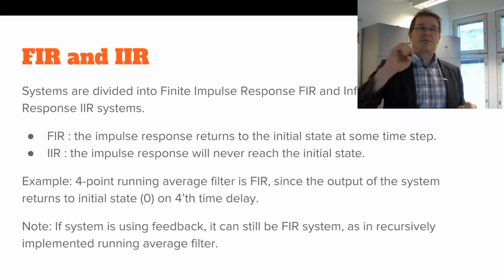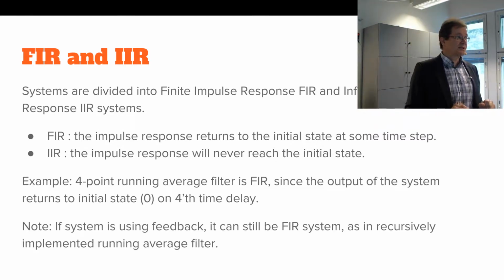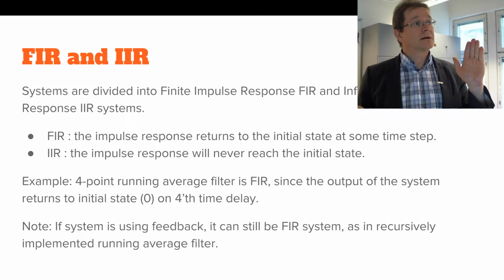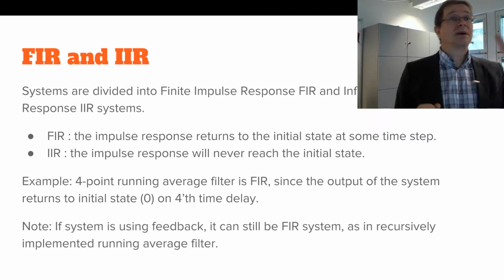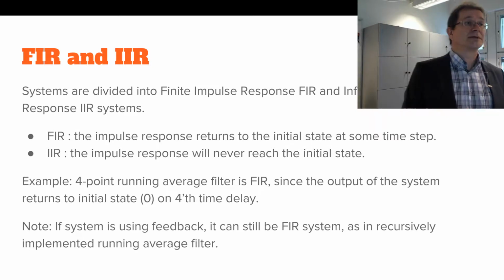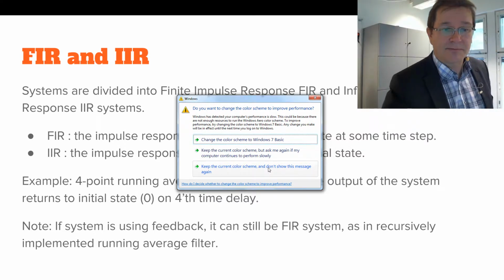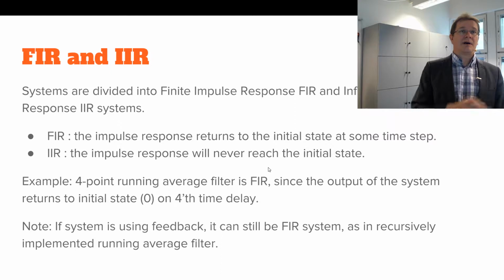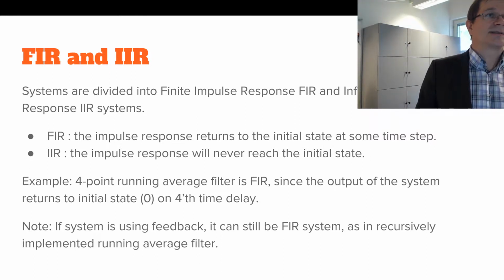While in infinite impulse response systems, this signal is always there. A small amount of signal is there. Most of the natural systems are actually infinite impulse response systems. A simple RC filter is infinite. It has an exponential decay of the signal after you hit it with some change.